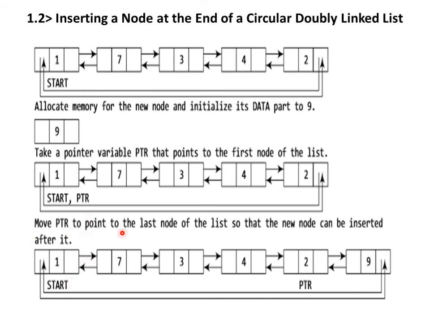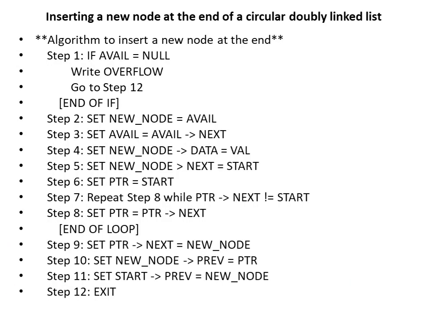See here, move the pointer to the last node of the list so that the new node can be inserted after it. That means temp of next equals prev of new node, and here next, if I take start, then new node of next equals start node of previous. Here you can see it.